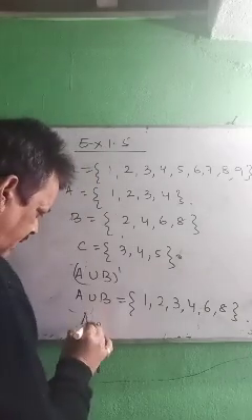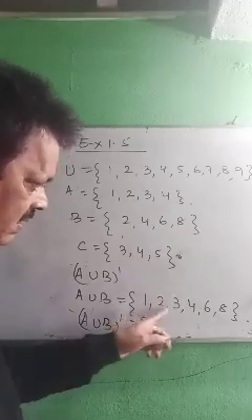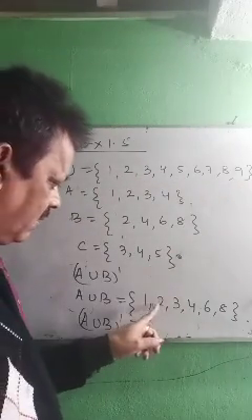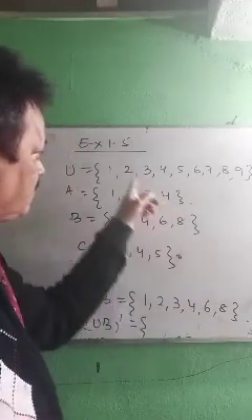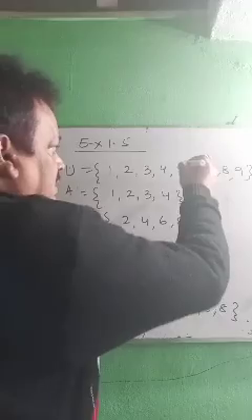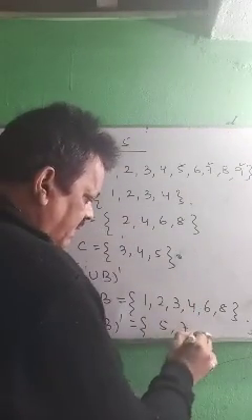Then when you find A union B complement, these elements you have to remove from universal set. What is left out? 5, 7, 9.